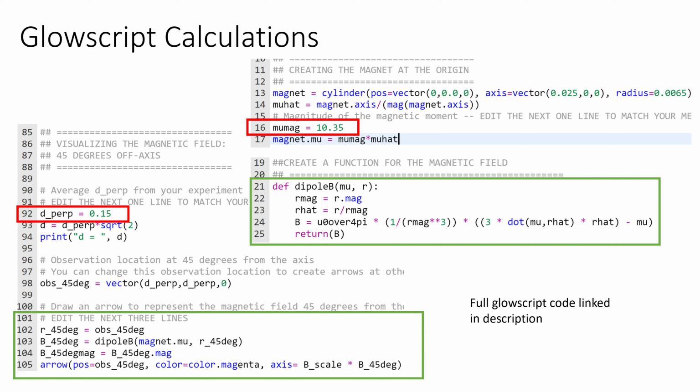In the first green box, we have just the initialization of the function, and then in the bottom green box we are able to apply that function in order to find the magnetic field at our specific location. If you want to see the full Glowscript code, it is linked in the description box.